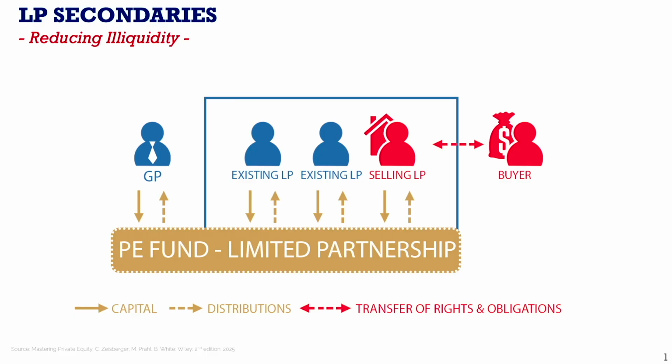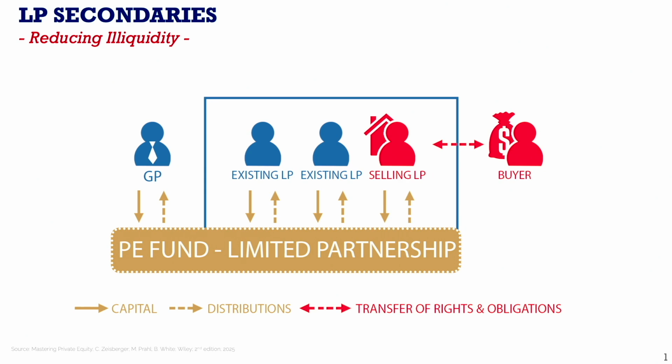Now, I mentioned the fund is in year 4. So that means that likely, let's call it 60% of the capital committed by the selling LP has already been drawn down and has been invested. So there's a fully funded portion of the portfolio and there's an unfunded portion of the portfolio. That means the remaining 30% of the commitment by the LP that has not been drawn down yet.